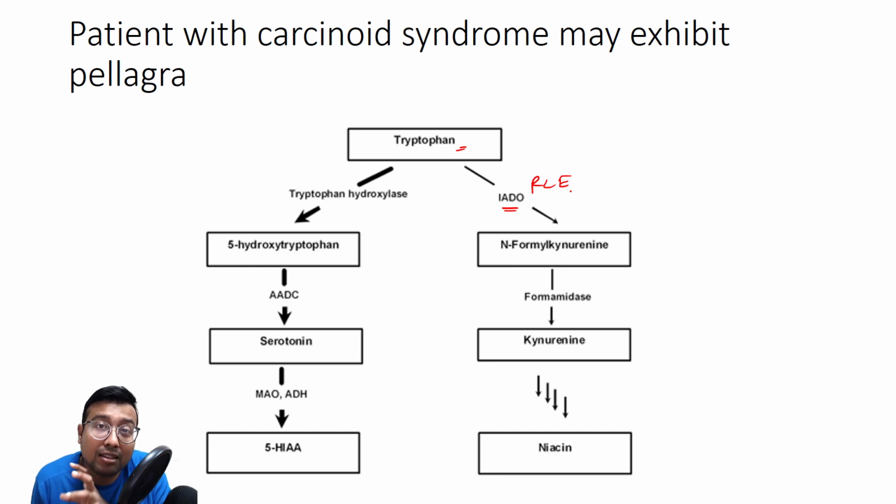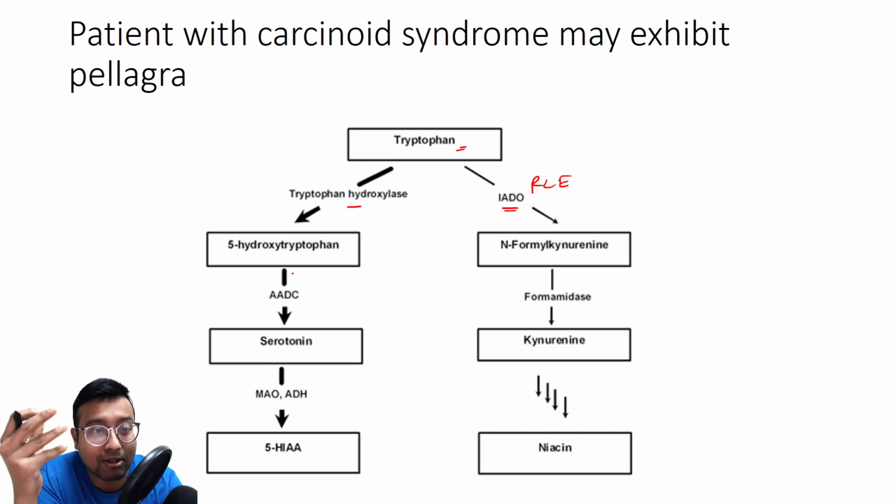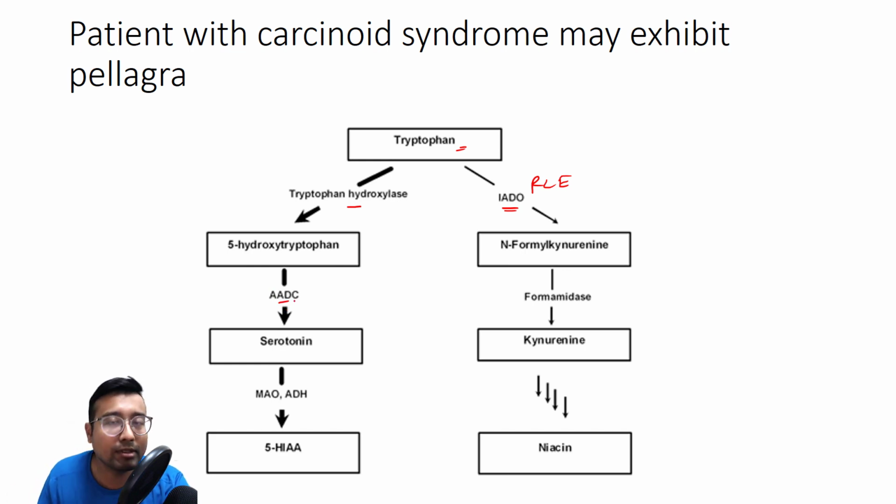Tryptophan has other fates also. Mainly, it leads to formation of serotonin, which is a neurotransmitter. Tryptophan is converted to 5-hydroxytryptophan by the enzyme tryptophan hydroxylase. Then it is converted to 5-hydroxytryptamine or serotonin by the enzyme aromatic amino acid decarboxylase, AADC, right?